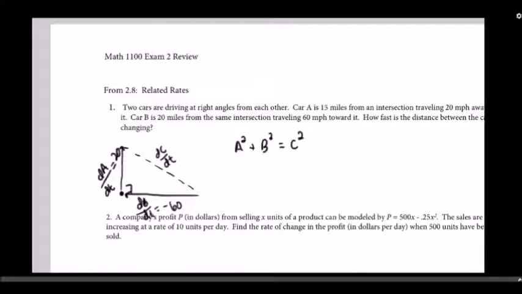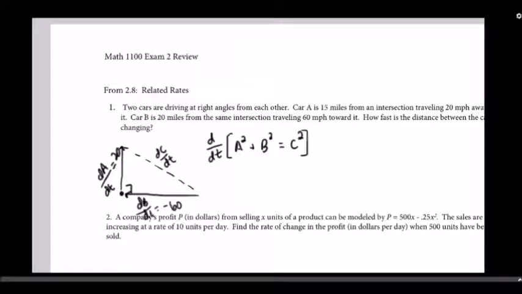But we're trying to find the rate of change of C, so we need to take the derivative with respect to time. And since we're taking the derivative with respect to time, and none of the variables are the same, this is implicit differentiation.